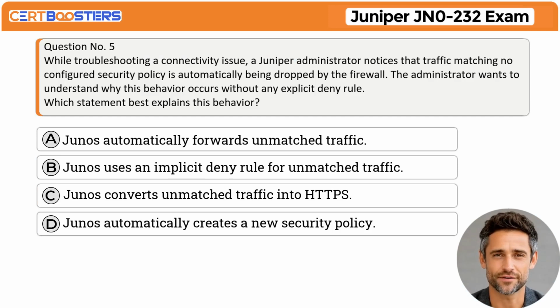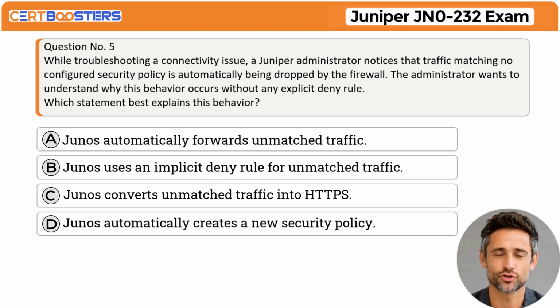Question number 5. While troubleshooting a connectivity issue, a Juniper administrator notices that traffic matching no configured security policy is automatically being dropped by the firewall. The administrator wants to understand why this behavior occurs without any explicit deny rule. Which statement best explains this behavior?